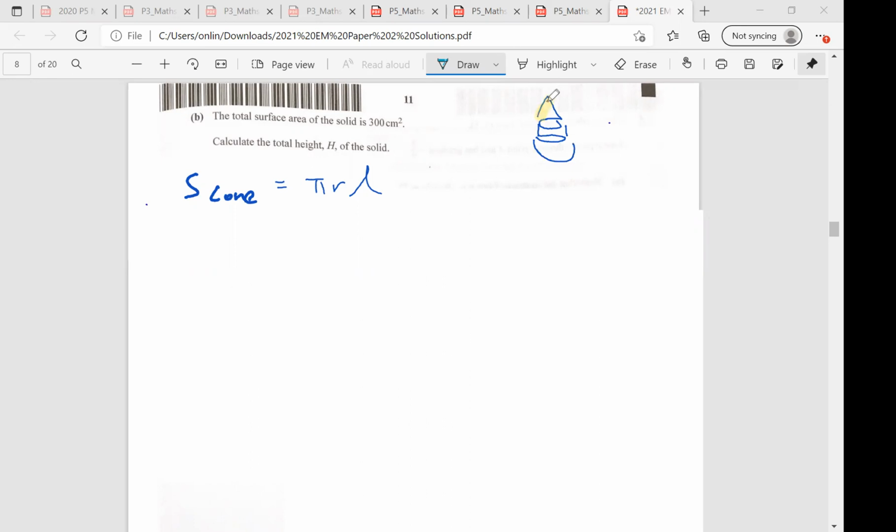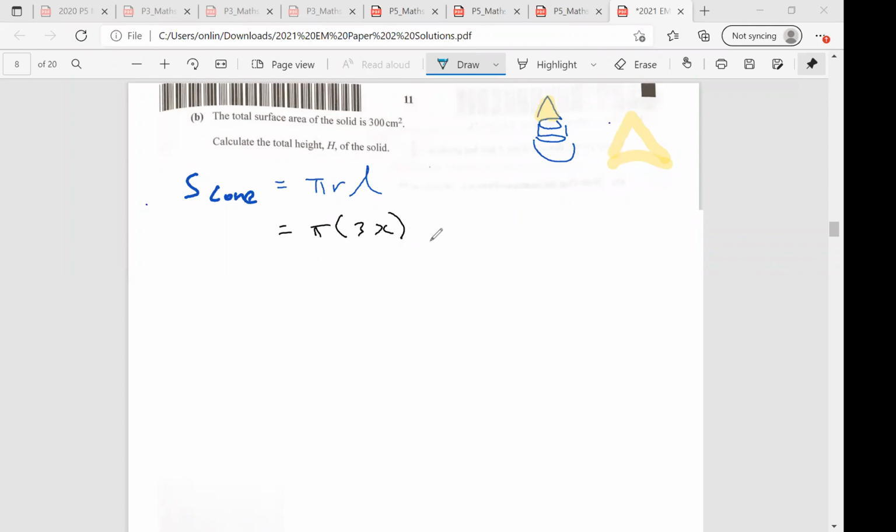I need only the outer part, which is this part of the cone itself. So it's pi r l. So for pi r l, I will have pi times 3x, and then we have our l here.